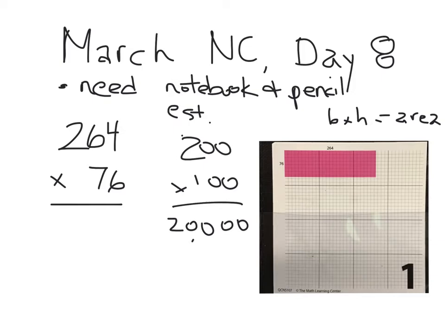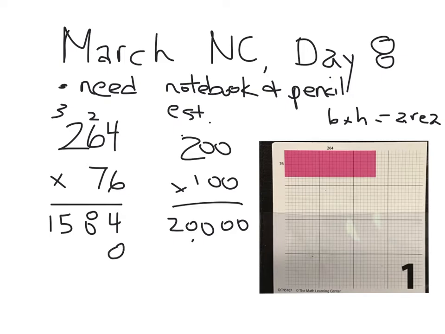Now, we could use a number of methods here, but I'm going to go the traditional algorithm. 6 times 4 is 24, so I would carry my 2. 6 times 6 is 36, plus 2 more is 38. Carry my 300. 6 times 2 is 12, plus 3 more is 15, so 1,584 for 6 groups of 264.